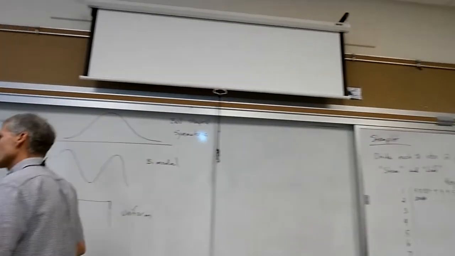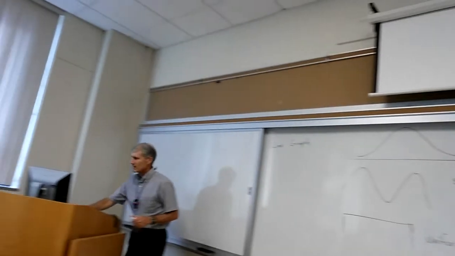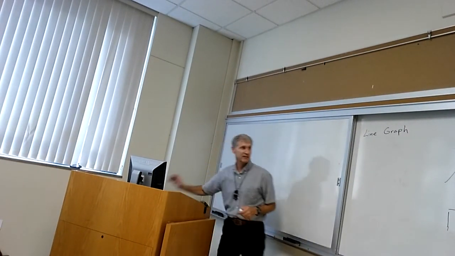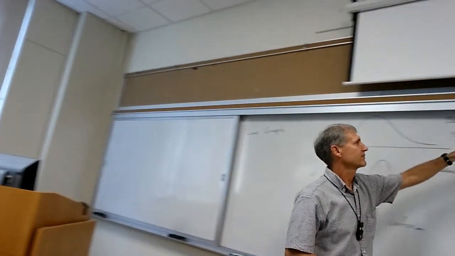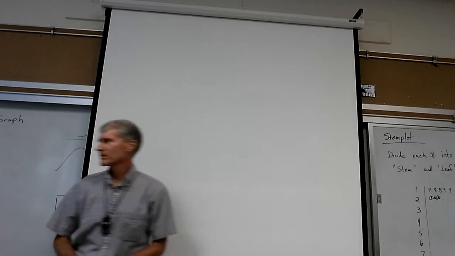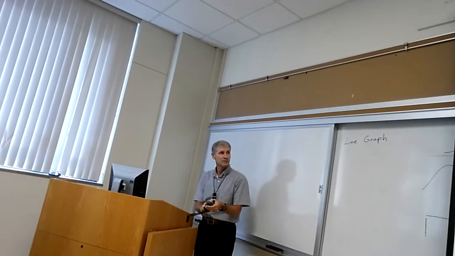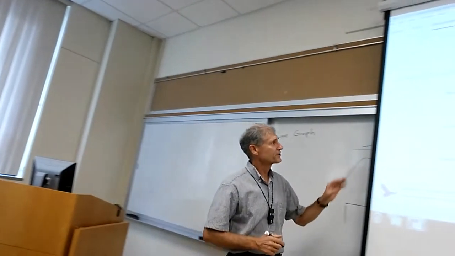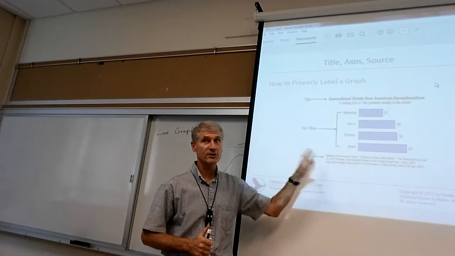Okay, so let's talk about analyzing graphs in section 2.3, and basically just what makes a good graph and what makes a bad graph. And so I'm going to use some of the author's pictures. And the authors use this as an example of a good graph.